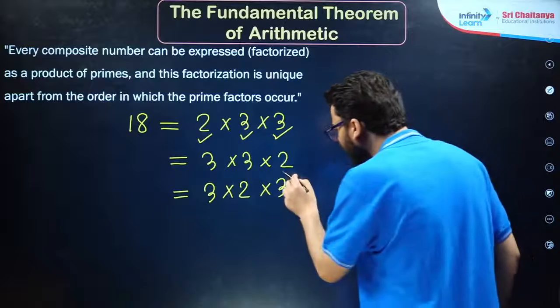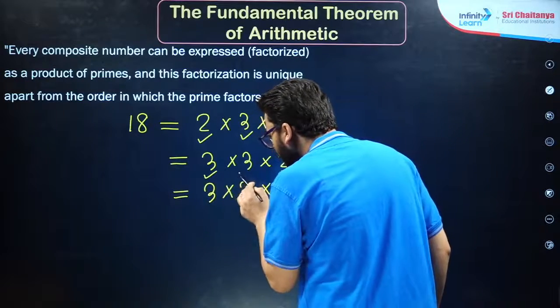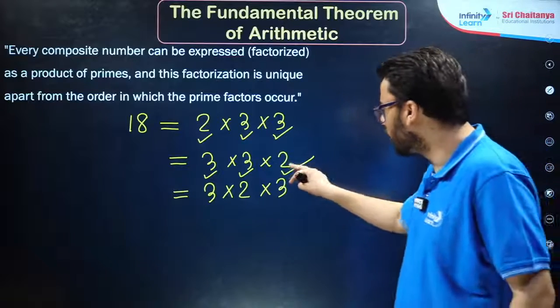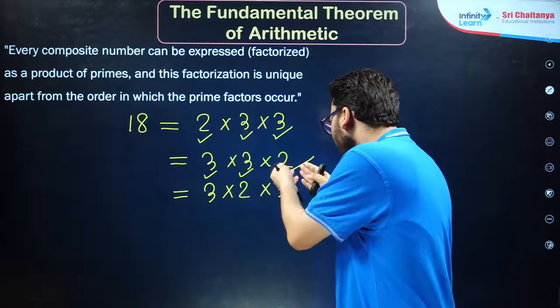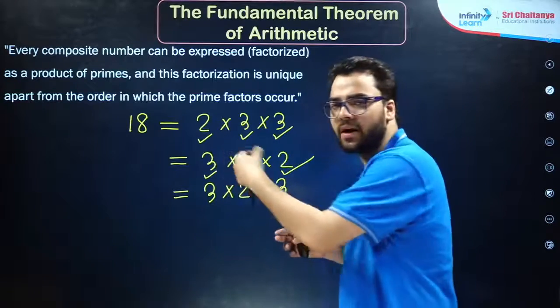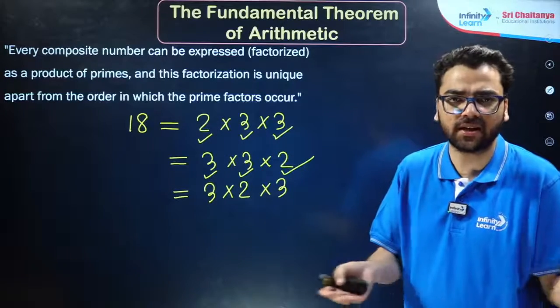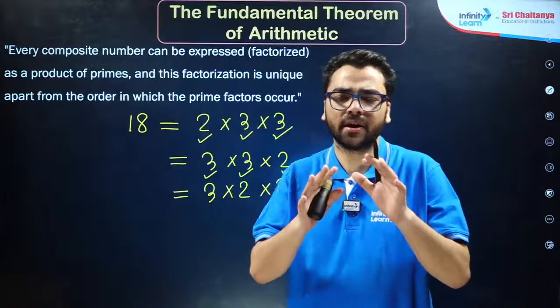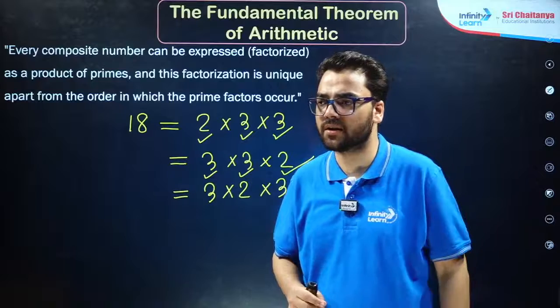It means 2 will come one time and 3 will come two times. You cannot get any other prime factor. It cannot happen that 2 will come two times or three times. It cannot happen that 3 will come one time or three times. That is the uniqueness of the fundamental theorem of arithmetic.